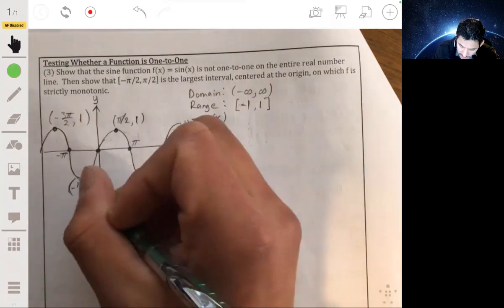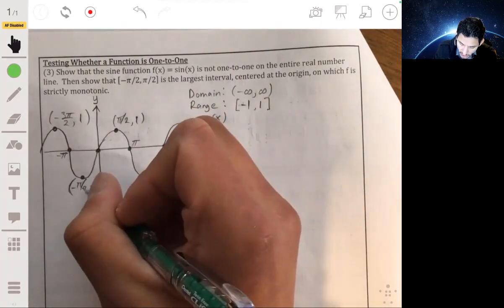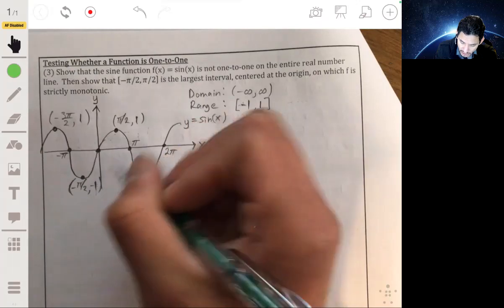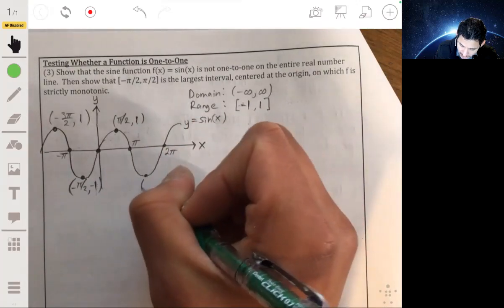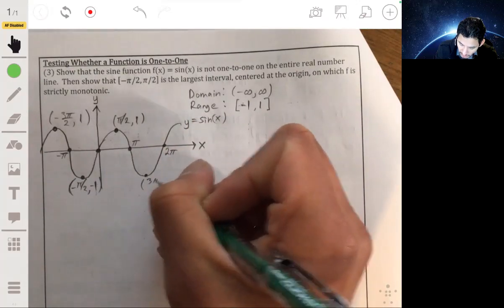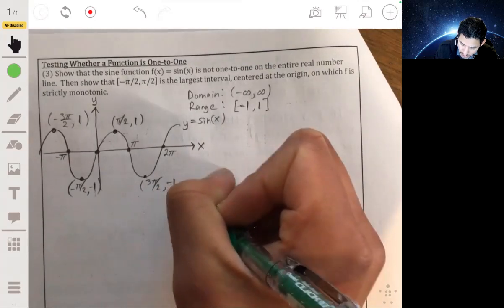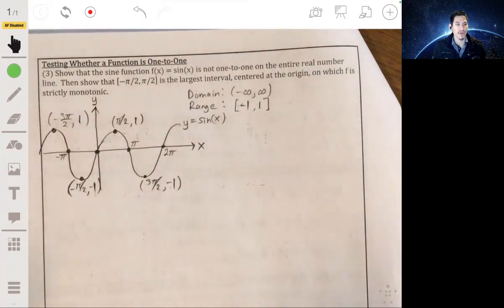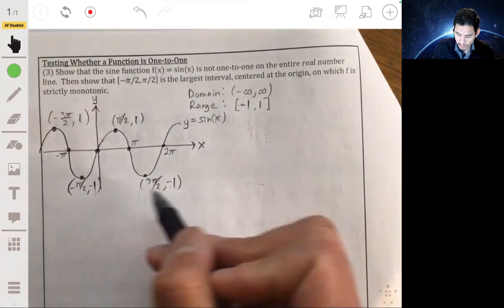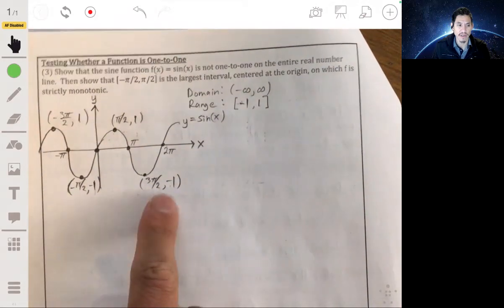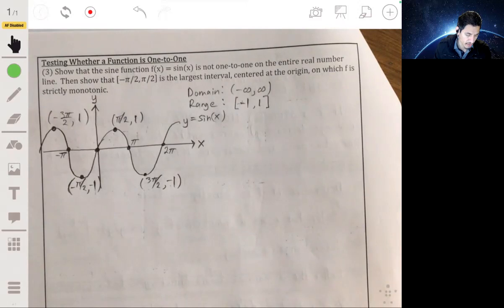Or for these points down here, when x is negative pi over 2, y is -1, but also when x is 3 pi over 2, y is also -1. So there are multiple x values that give the same y value.